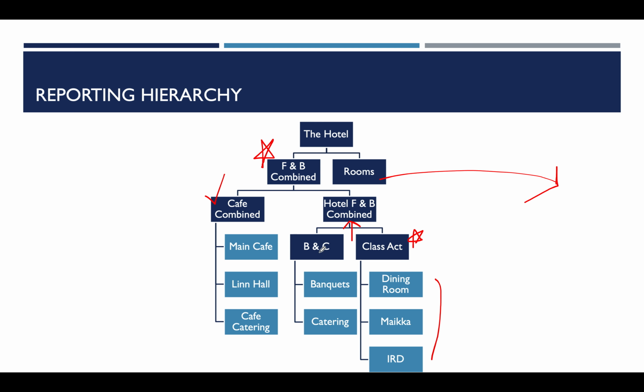So we'll look down here. Banquets and catering. All their numbers check out, so they're good. And the Class Act numbers are way high. So our high numbers are floating all the way to the top and affecting the F&B combined number. And so we dig in further, and this is why we split out the outlets. So we can say, okay, within the Class Act, what did well and why?